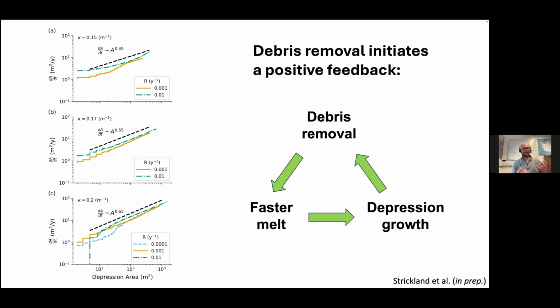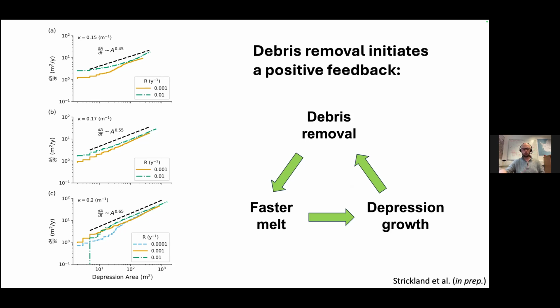So as debris is removed from the depression at the sink point, it allows the depression bottom to melt more quickly. As it melts more quickly, it gets deeper, which allows it to grow and capture more drainage area. And as it captures more drainage area, more debris is transported to the sink point, and this cycle continues.